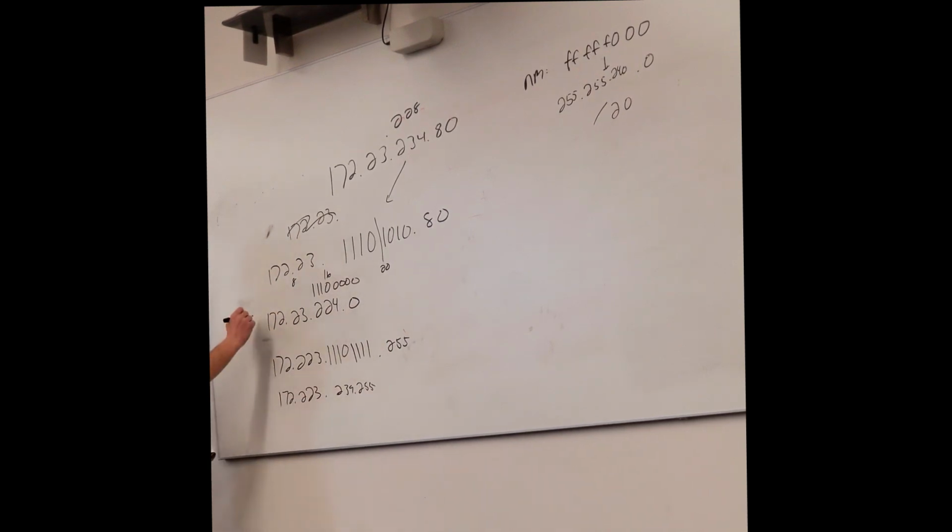So that would be the lowest, and 172.23.239.255 would be the highest. So you can compute the range and determine what the addresses are, right? So that's slash 20. Any questions?